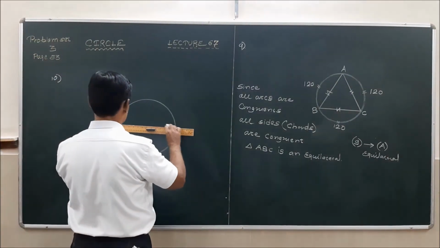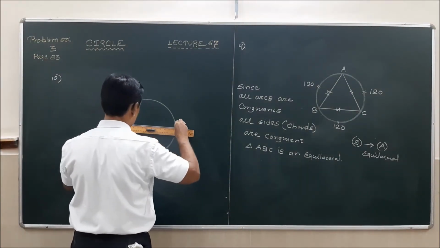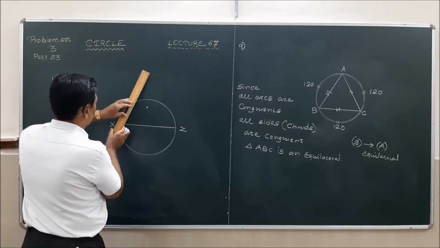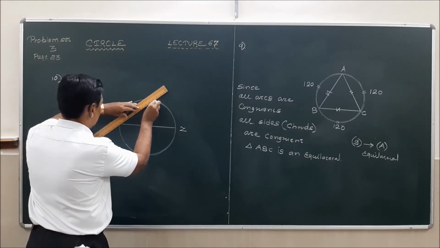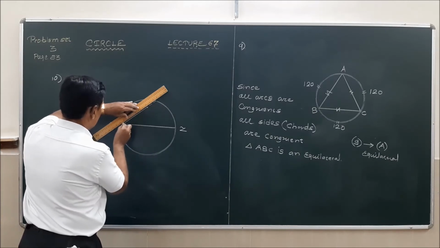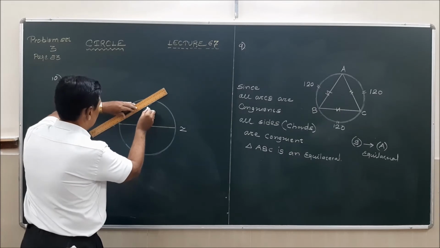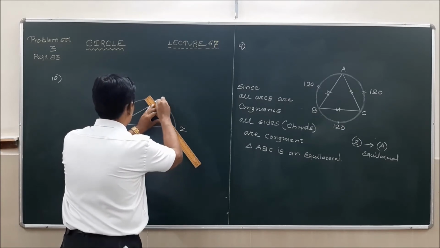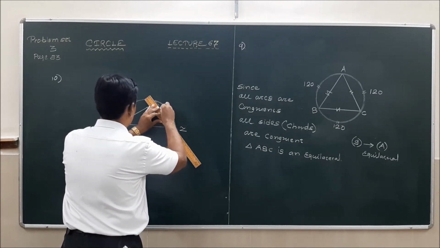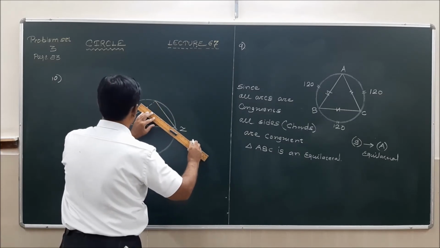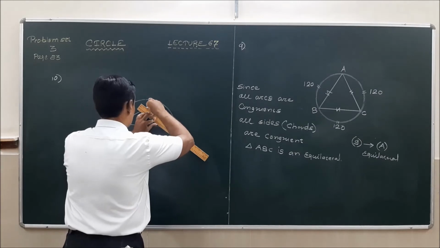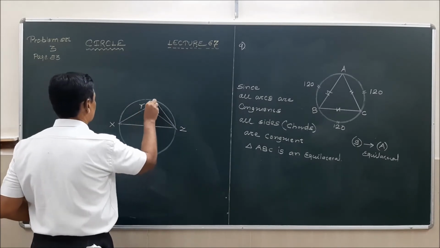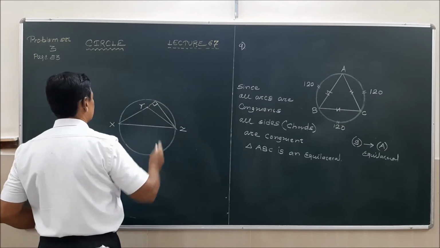If we take XZ as a diameter, Y is in the interior. Okay, this is 90. This is 90.